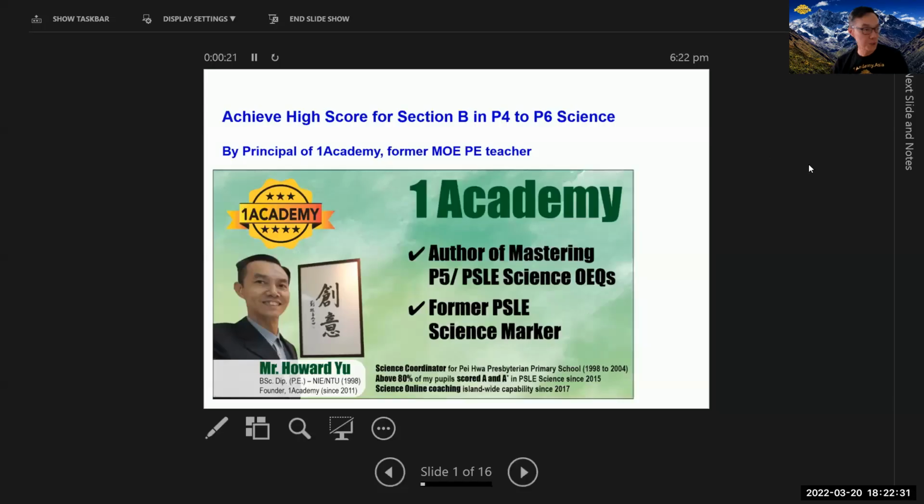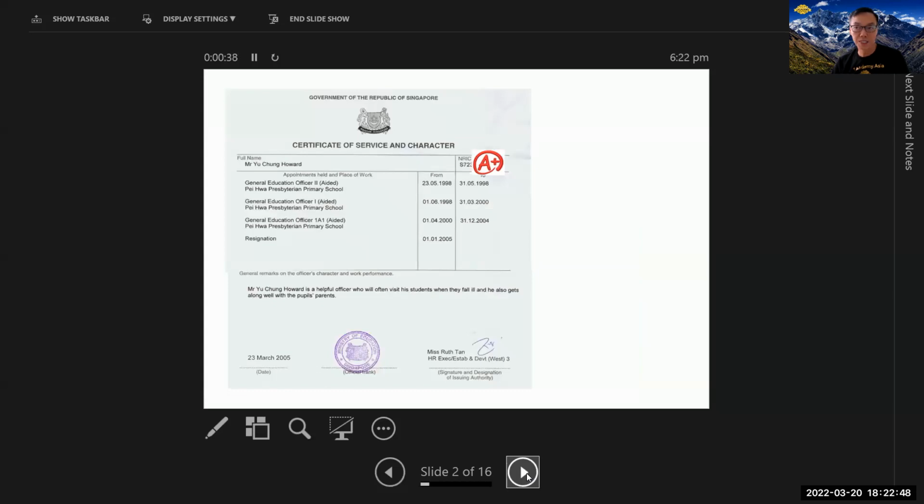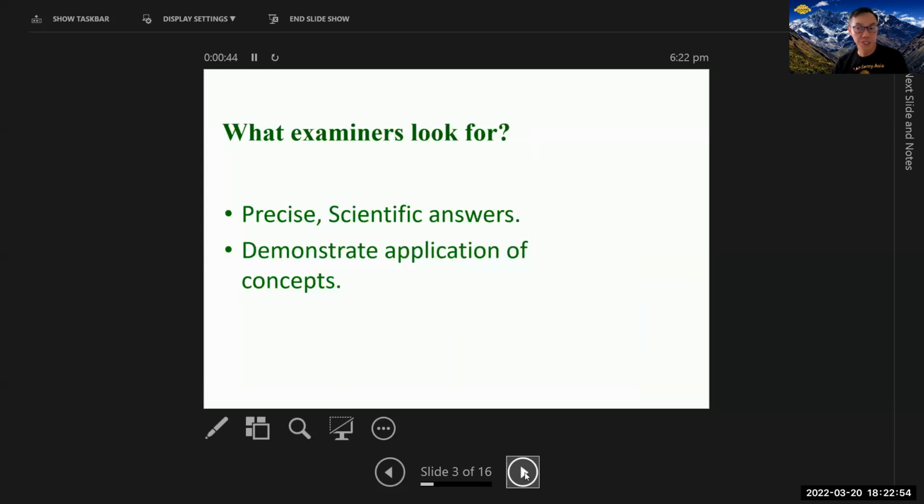I'm Mr. Howard Yu, former PSLE marker and also a former MOE teacher. I've been helping students over the years in achieving competency in answering section B from P4 to P6. I'd like to share with you this training and my past experience as an MOE teacher, teaching in Pei Hwa Presbyterian Primary School for 6 years, and also what the examiner looks for in the exam.